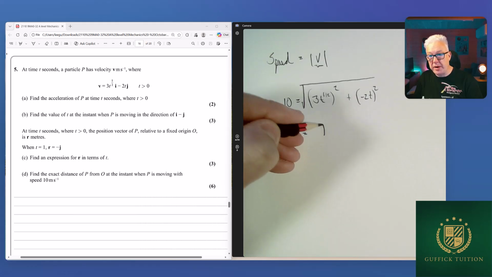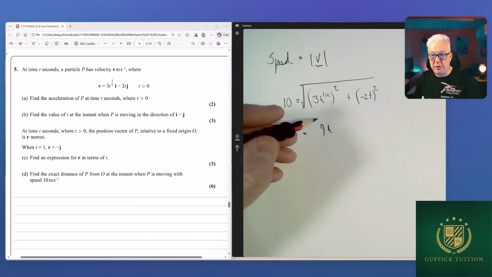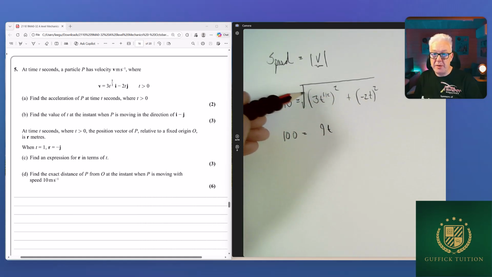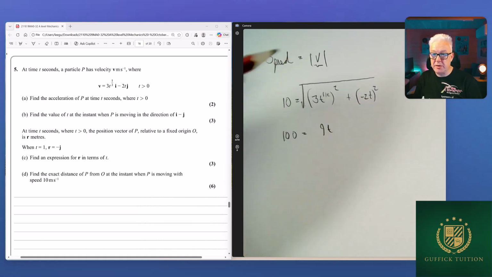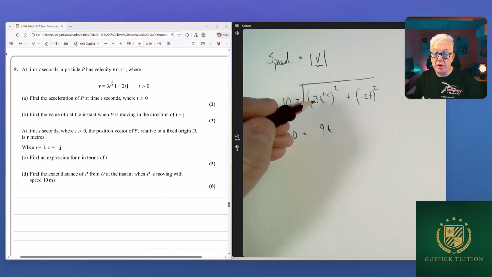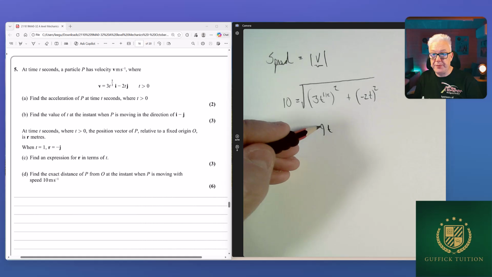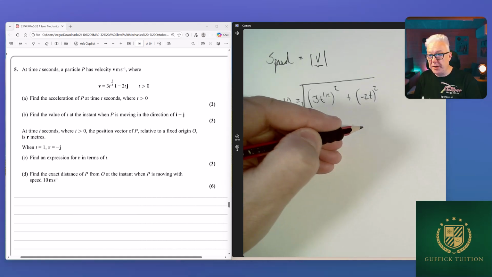The 10 becomes 100, and I'm squaring these two individual terms as well: 100 equals (3t to the half) squared plus (minus 2t) squared. Now, 3t to the half squared is 9t, so we have 9t plus 4t squared.